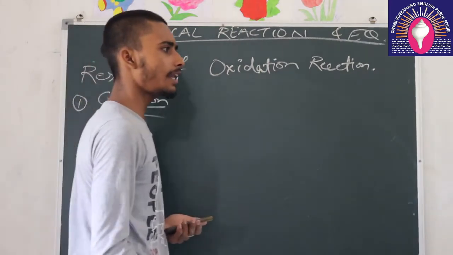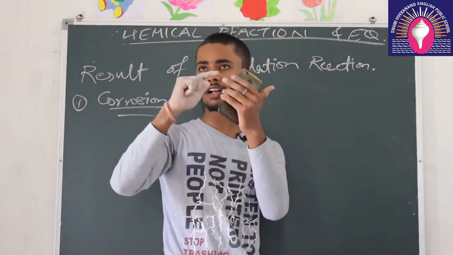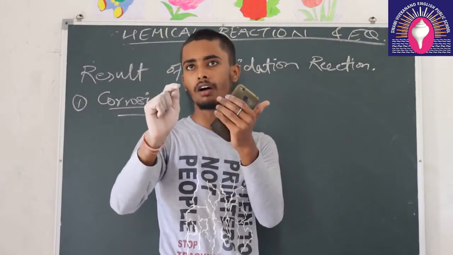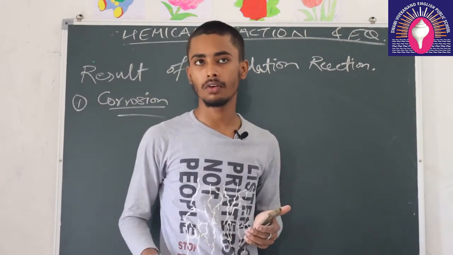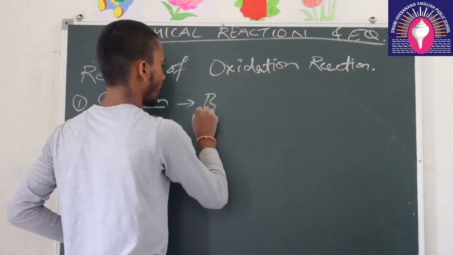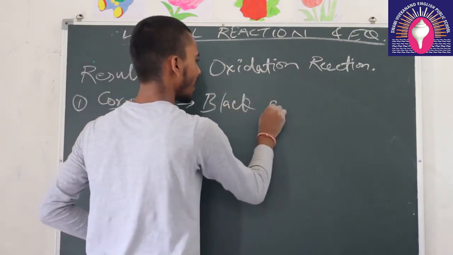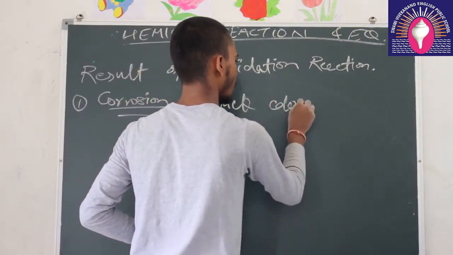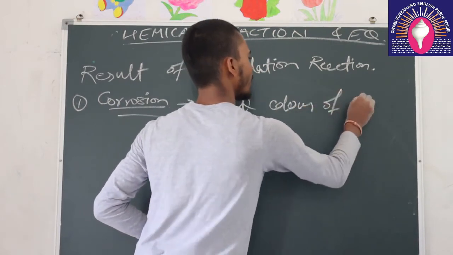Or we have also seen the silver sulfide layer on silver materials, that is the black color of silver.